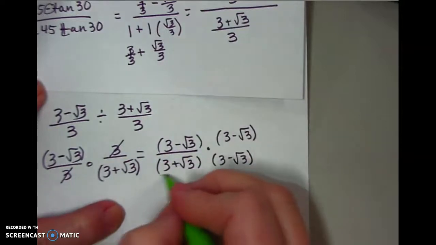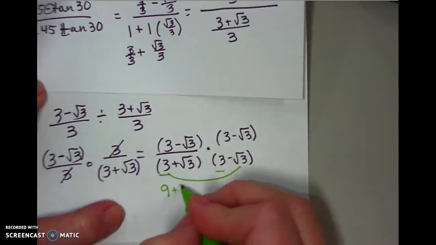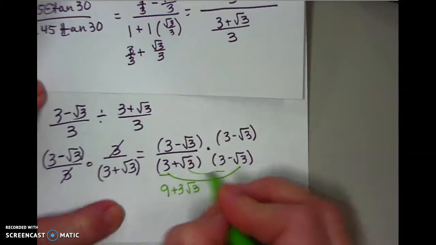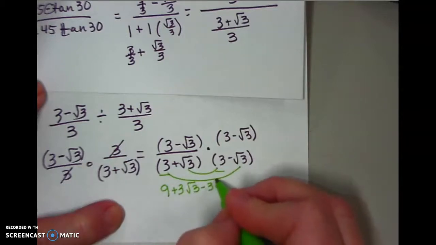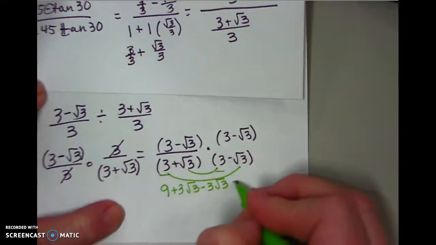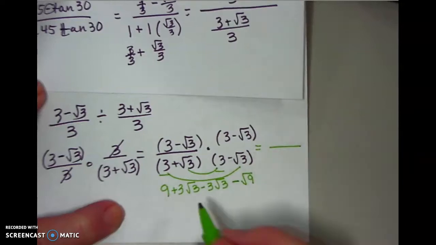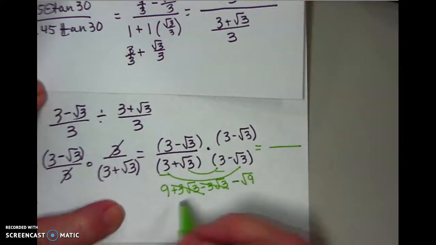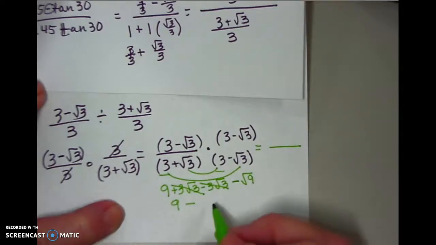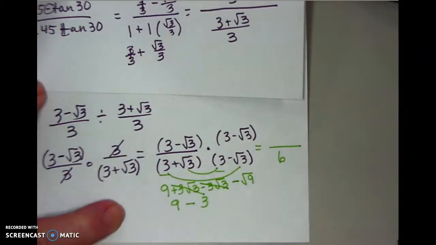First, outer gives me a positive 3 square root of 3. Inner gives me a negative 3 square root of 3. And last we have a positive times a negative, which is a negative square root of 9. Positive square root of 3 over 3, negative square root of 3 over 3 cancel, and 9 minus the square root of 9, which is 3, gives me a 6 on the bottom.